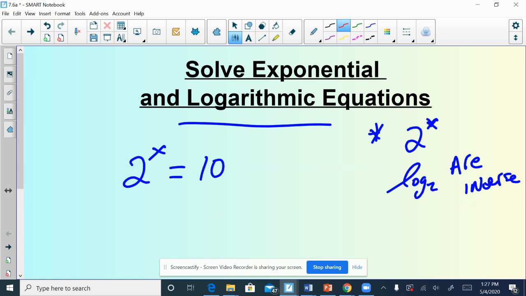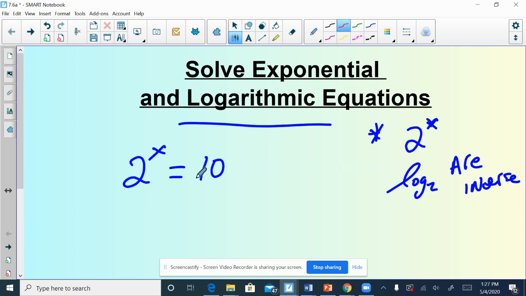Multiplication and division are inverses of each other. 2 to the power and log base 2 are inverses of each other. They undo each other. Similarly, 3 to a power, log base 3. 10 to a power, log base 10. E to a power, log base e, or the natural log. Those things are all inverses of each other. They undo each other.